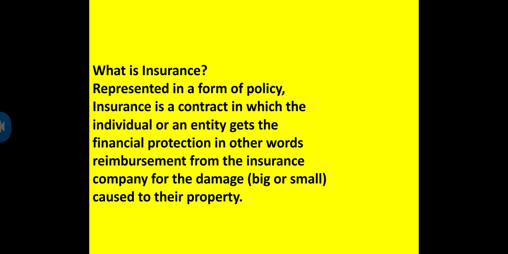Represented means shown in the form of a policy. I repeat once again: it is a contract between two people, that is the insured and the insurer. The agreement between these two people is going to start with the policy.